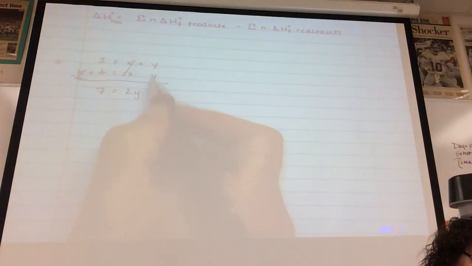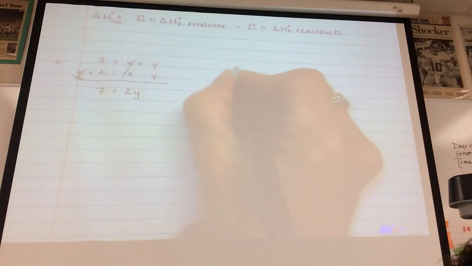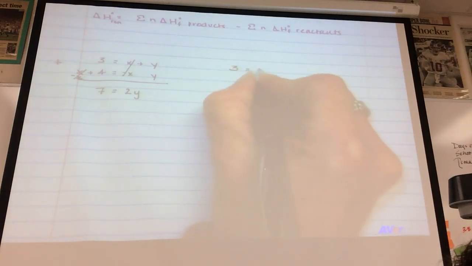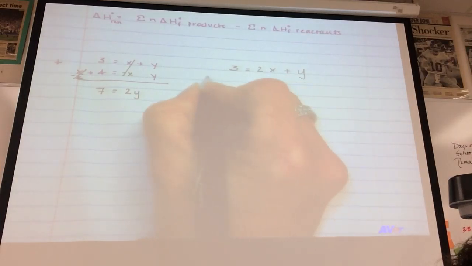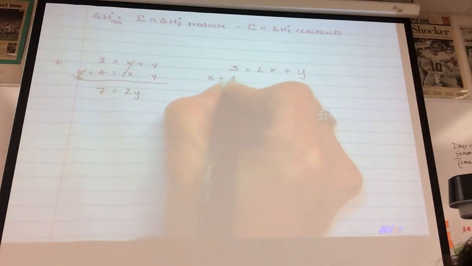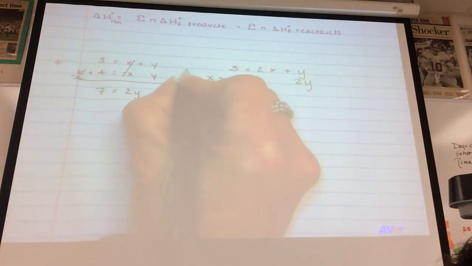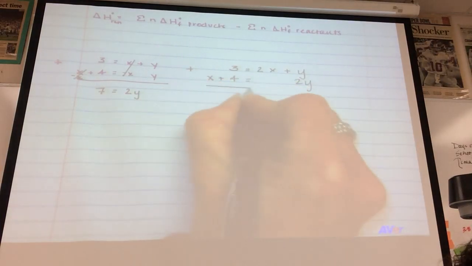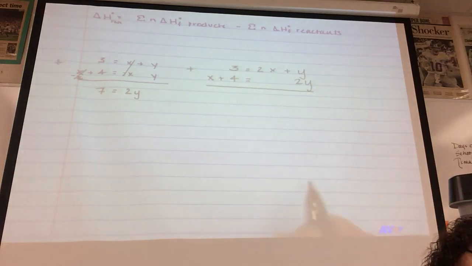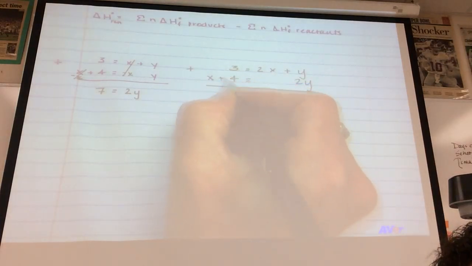If you have the same substance on the same side of the equation, you add them together. And if, for example, you had this where you're summing the two equations together, again, 3 plus 4 is 7.